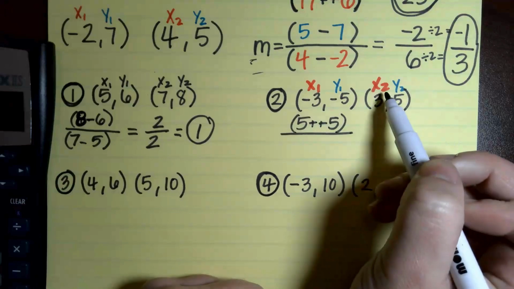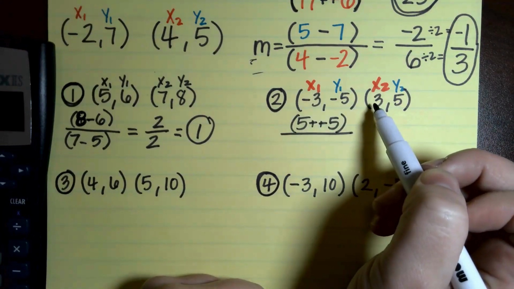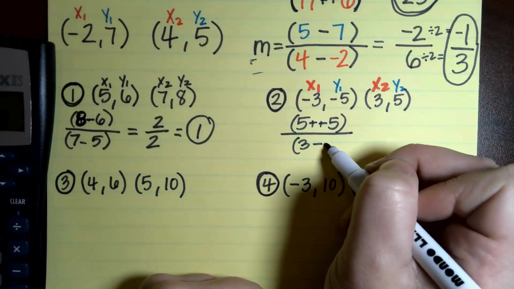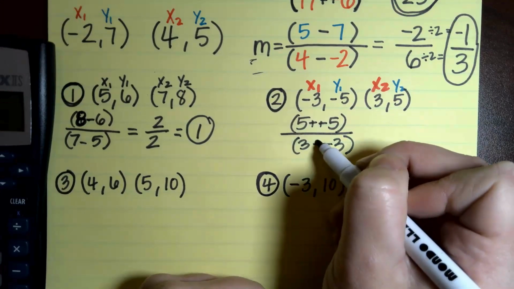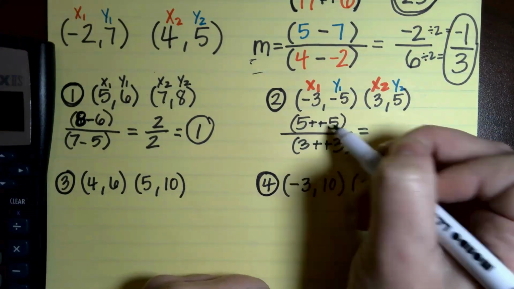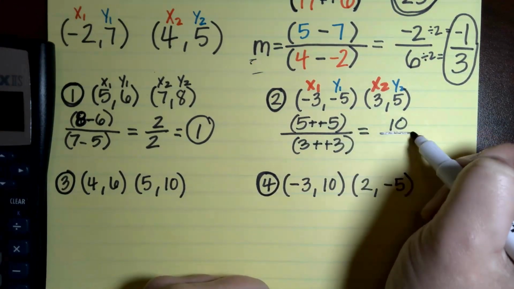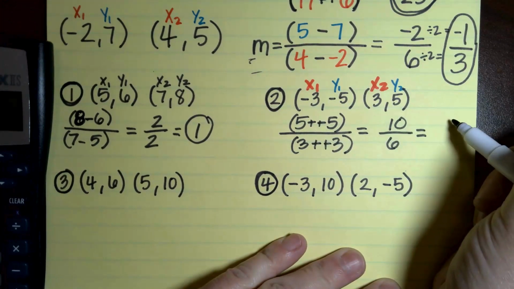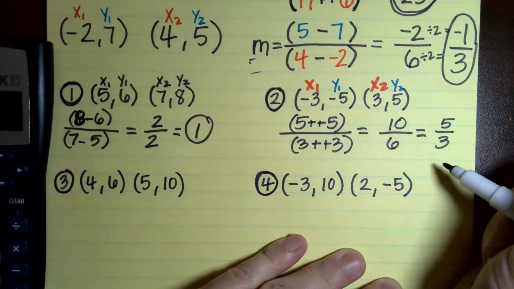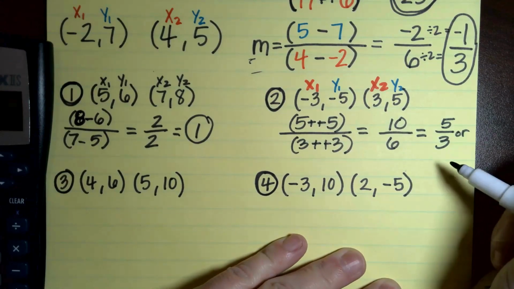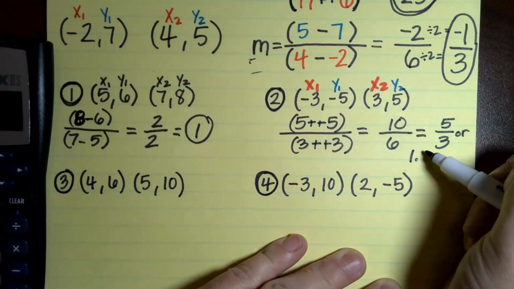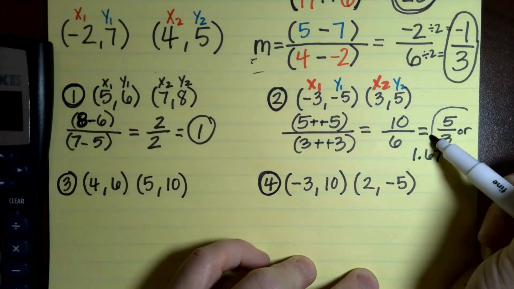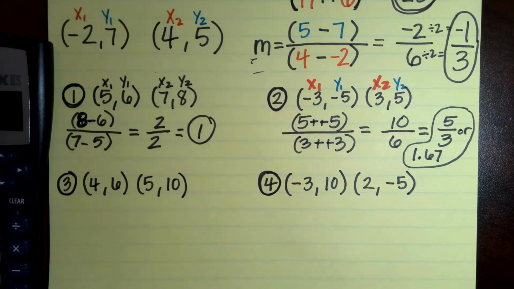Over x2 minus x1, 3 minus -3. That's just going to be 3 plus 3. So 10 over 6, which is simplifiable to 5 over 3. Or, if you put it into a decimal, it would be 1.67. All right, guys. Very good. Anybody do something different?